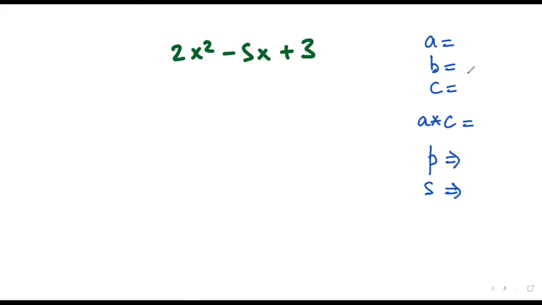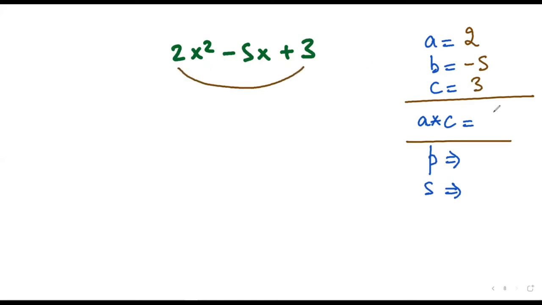Mr. Sarthak, can you tell me? What is ABC? A is 2, B is minus 5, C is 3. What is my A into C? So what should be my product? What should be my sum? Any doubt here?